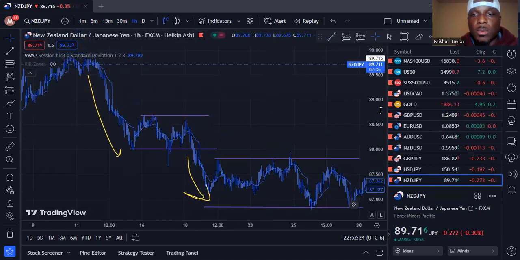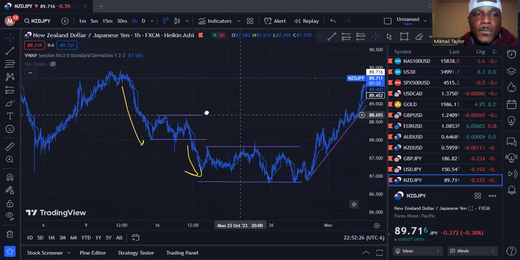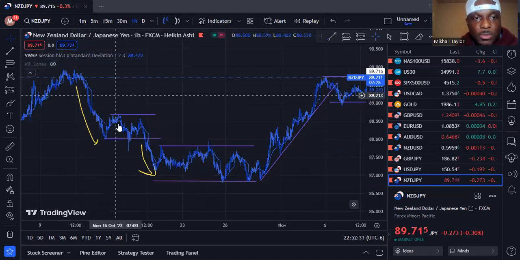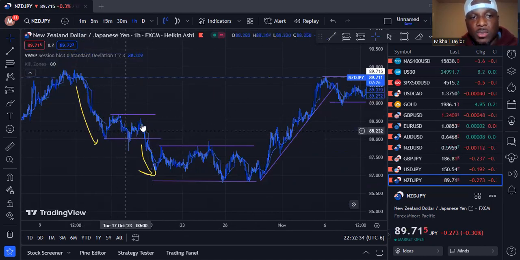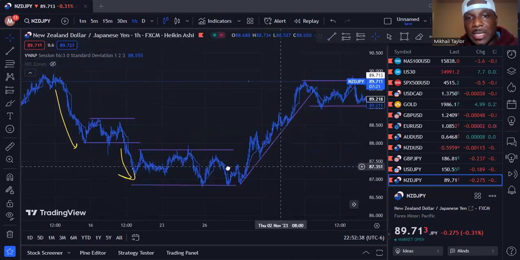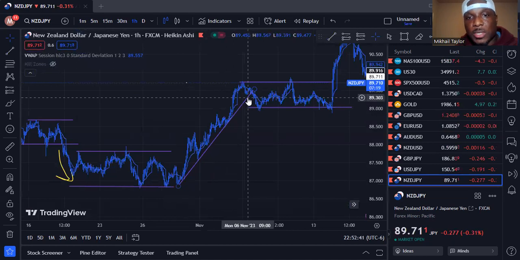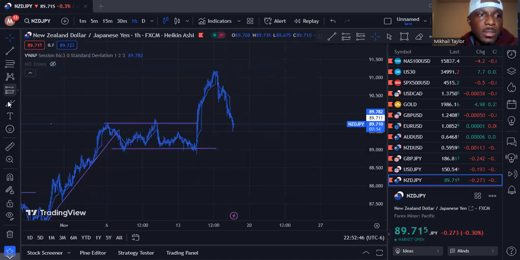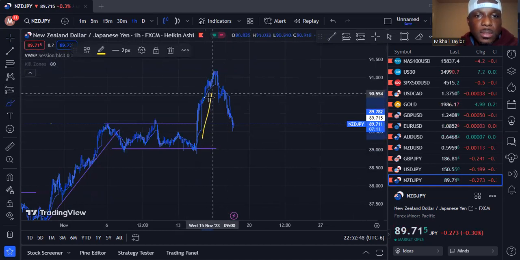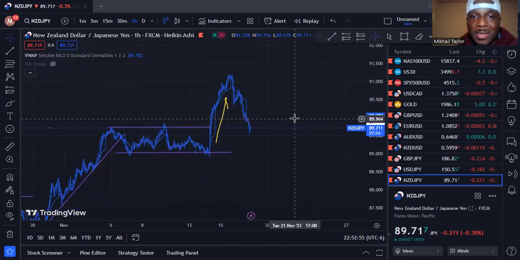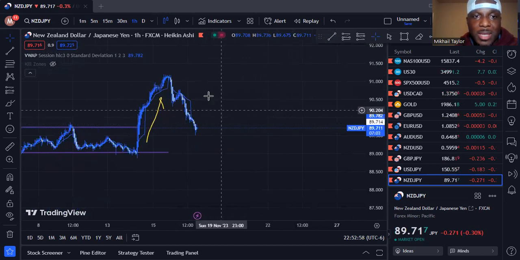All right, so price dropped, went into a range mode, dropped, started ranging, and then it went into an uptrend, ranged, and then price increased again. Okay. So that's how I'm kind of starting to see the market now.